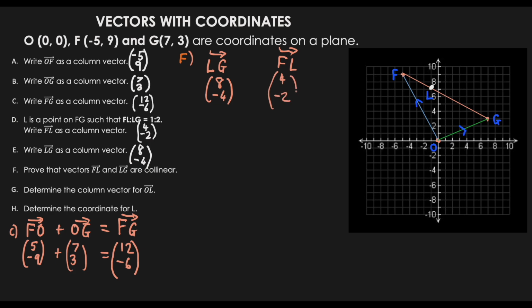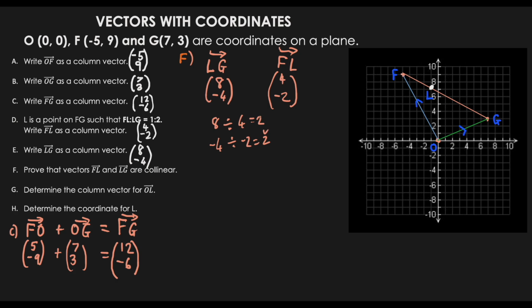As you can see here, these have some kind of relationship, because 4 multiplied by 2 would give us 8, and -2 times 2 would give us -4. So the scale factor here is 2. In essence, if I divide the corresponding components, I would say that 8 divided by 4 is equal to 2, and then -4 divided by -2 is equal to 2.